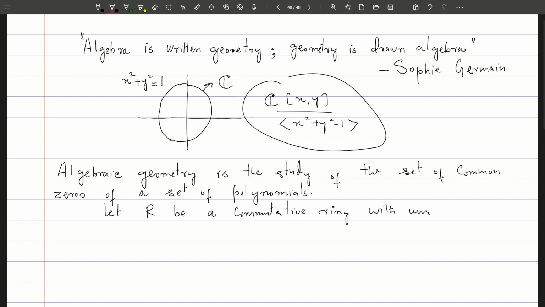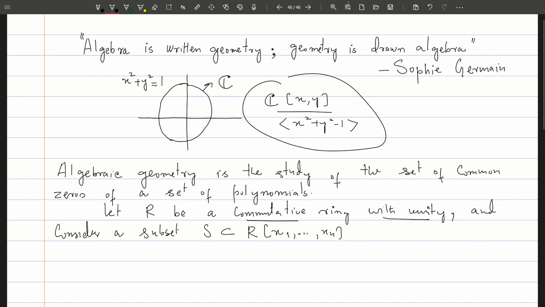Whenever we say a ring, we always mean these two things, the commutative ring and with the unity. And consider a subset, say S, of the polynomial ring with coefficients in R.